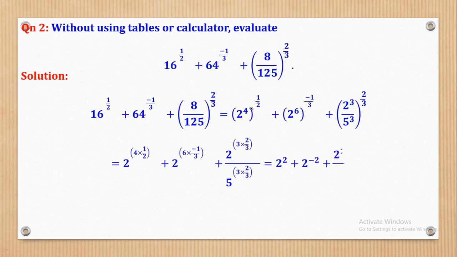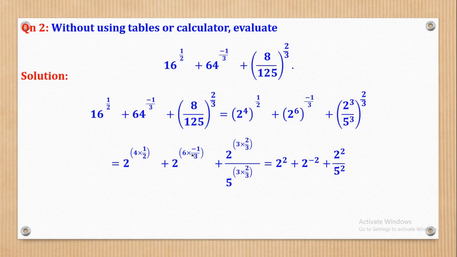Now next, these are multiple powers, so this times this, that is why you see here 4 times a half. Then this times this, that's why you see here 6 times negative a third. Then also here, this times this gives you this, and also this times this gives you that.